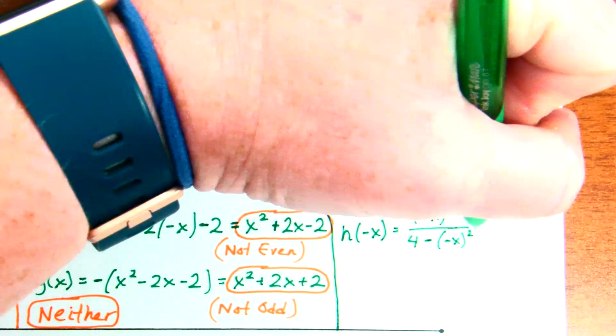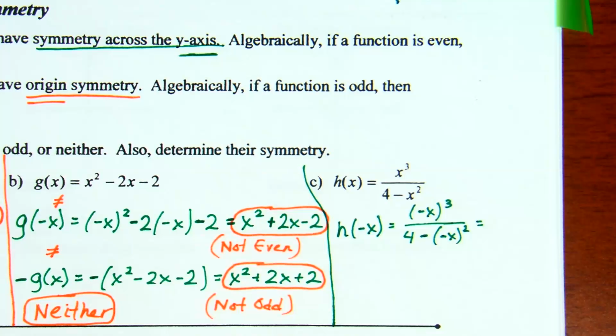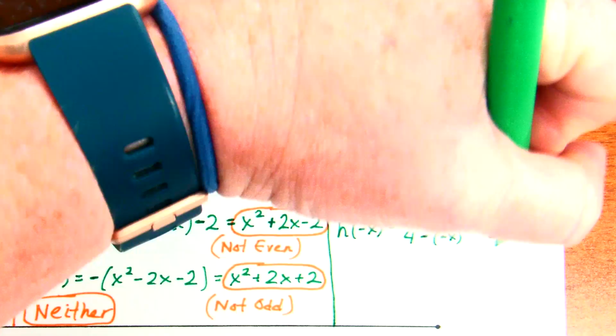Okay. What is negative x raised to the third power? Negative x to the third, because a negative raised to the third is still a negative, isn't it? So it's negative x to the third. 4 minus, what is negative x raised to the second power? X squared, right?